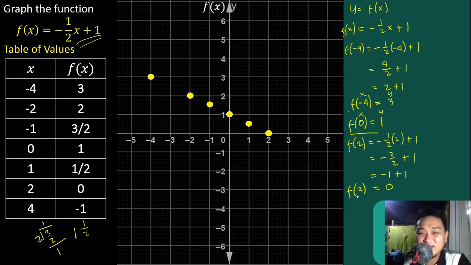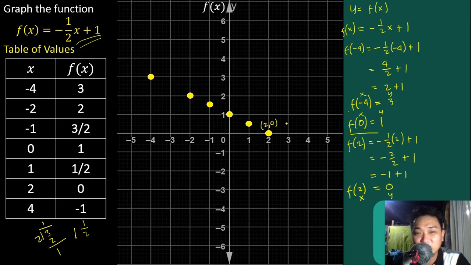So, meaning, if the value of x is 2, the value of y is 0. Or, sa madaling salita, etong coordinate na to, this coordinate here, whenever the value of x is 2, y becomes 0.